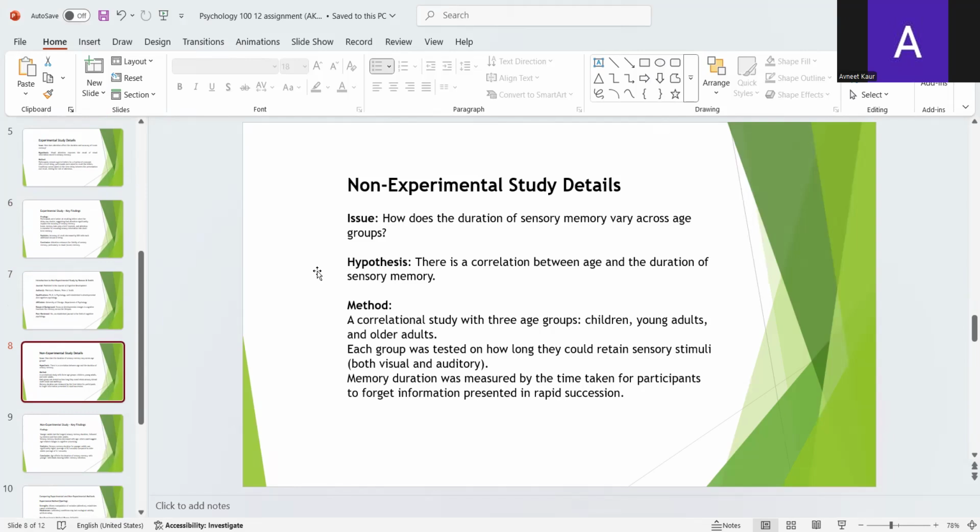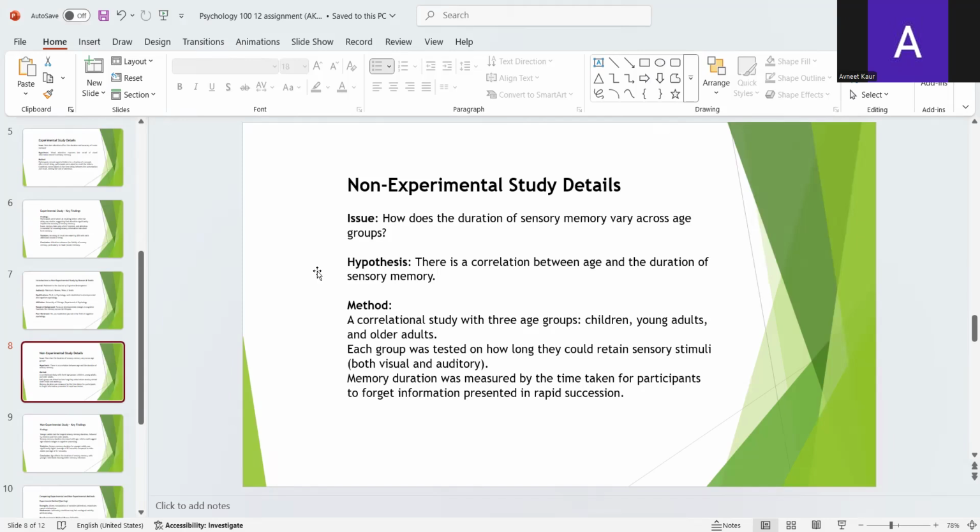The issue which the non-experimental study addresses is how the duration of sensory memory varies across age groups. The hypothesis for this experiment is that there is a correlation between age and the duration of sensory memory. In order to talk about the method, a correlational study with three age groups was used: children, young adults, and older adults.